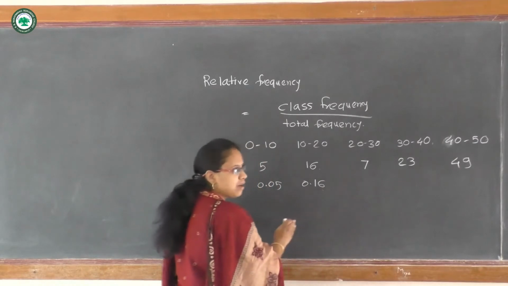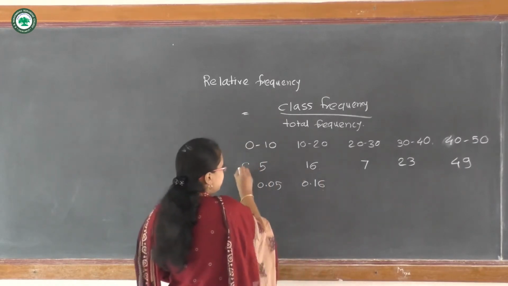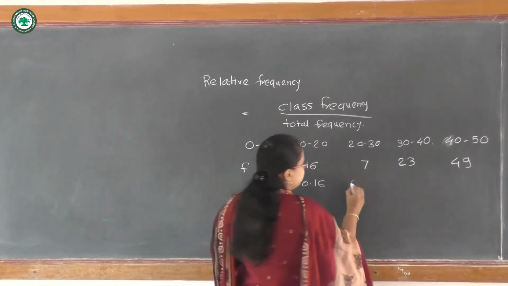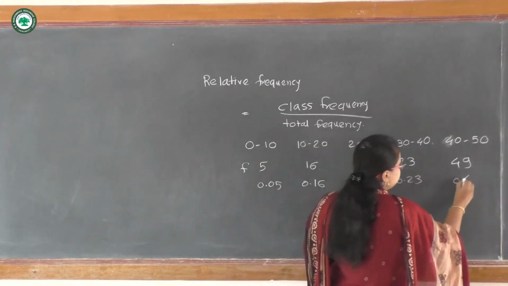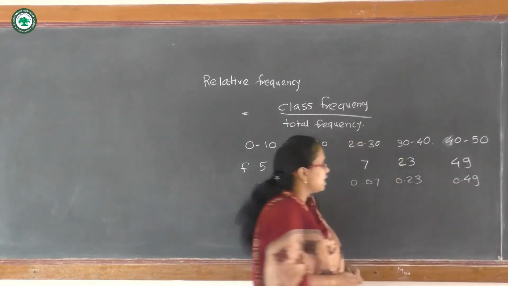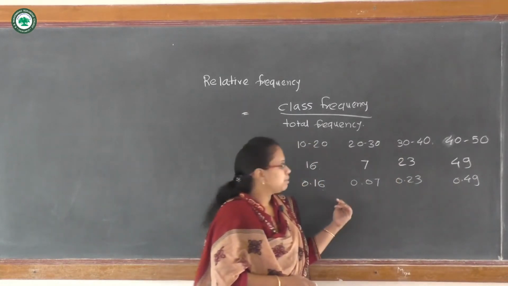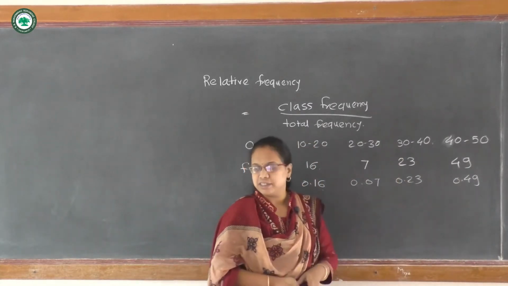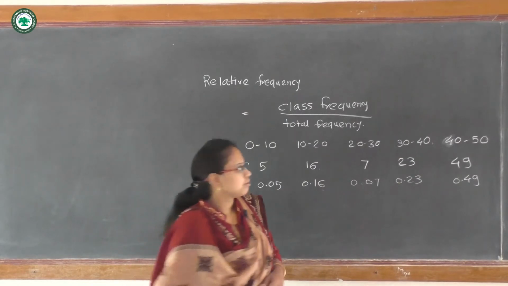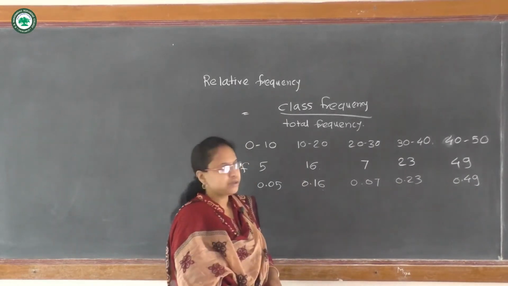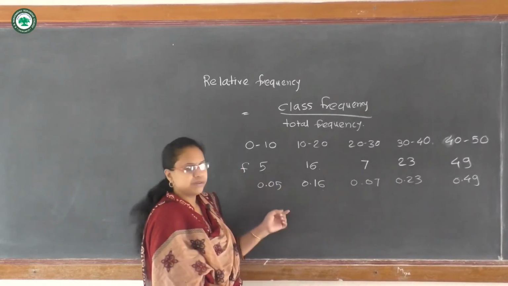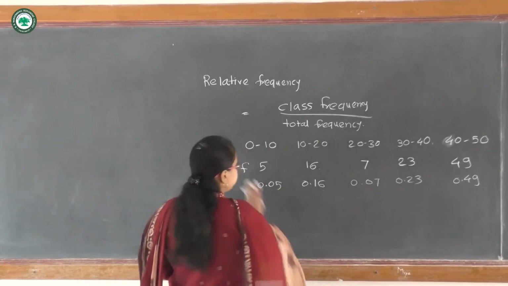I am going to divide each frequency by 100. Or we can call it 5%, 16%, 7%, etc. Here the total of frequency was 100. That's why I have divided each frequency by 100.